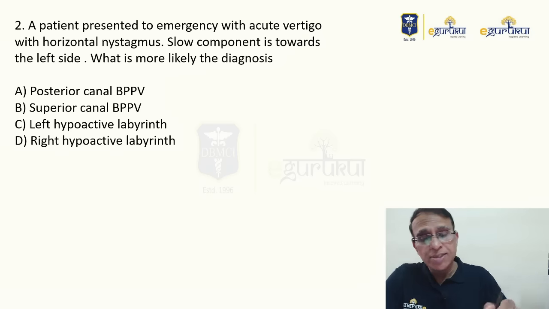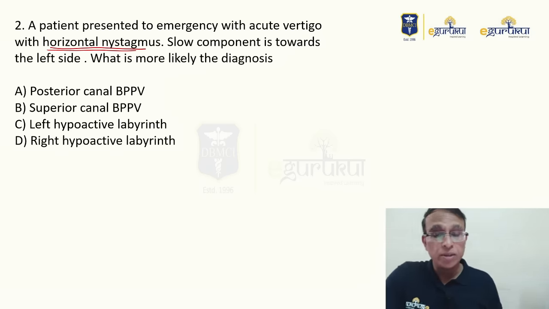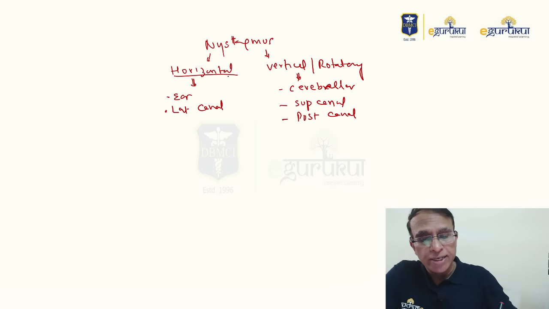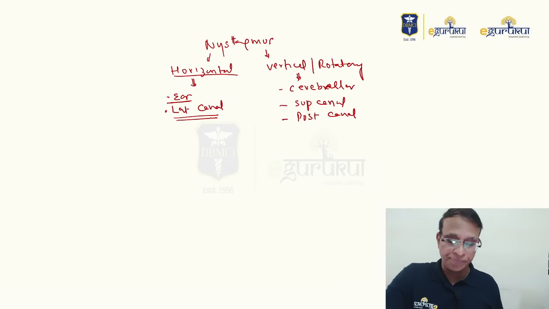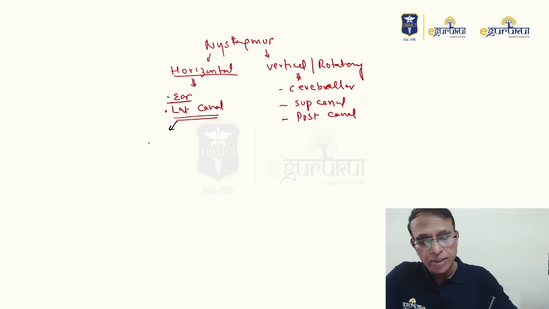Now this says there is horizontal nystagmus. Okay, this proves that it is an ear problem, and that too mainly the lateral canal. Second thing, when you have horizontal nystagmus, there is a fast phase and a slow phase.